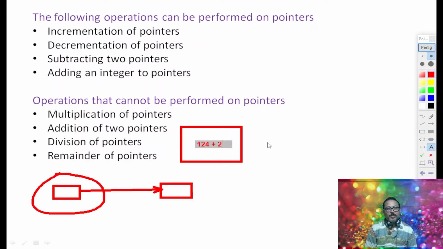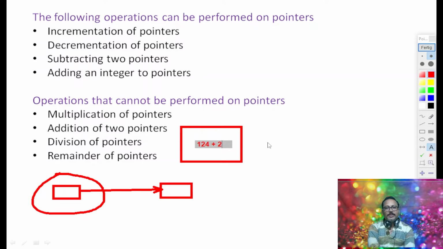Why can you not multiply? Why can you not divide? Why can you not find the remainder? Because of the problem with overflow. Say they are addresses. They will not be simple numbers like 124.